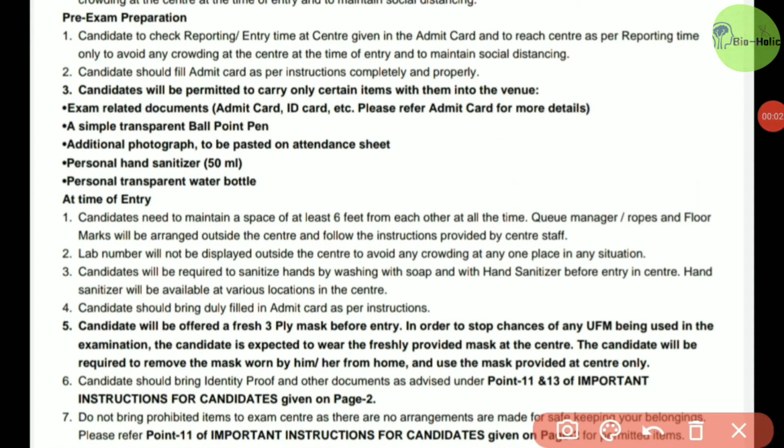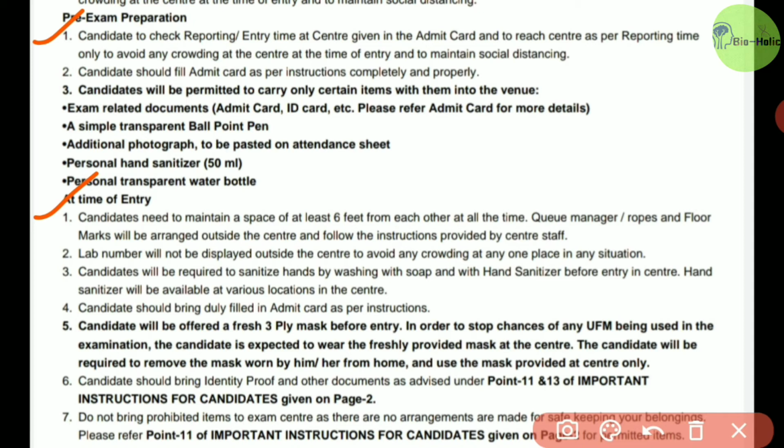Now there are some pre-exam preparations which I have mentioned earlier, and also at entry time candidates need to maintain a space of at least 6 feet from each other at all times. Lab numbers will not be displayed outside the center to avoid crowding. Candidates will be required to sanitize hands by washing with soap and with hand sanitizer before entering the center. Candidates should bring the duly filled admit card as per instructions.